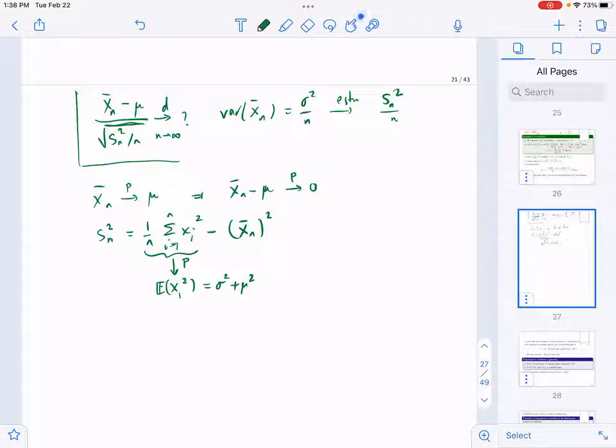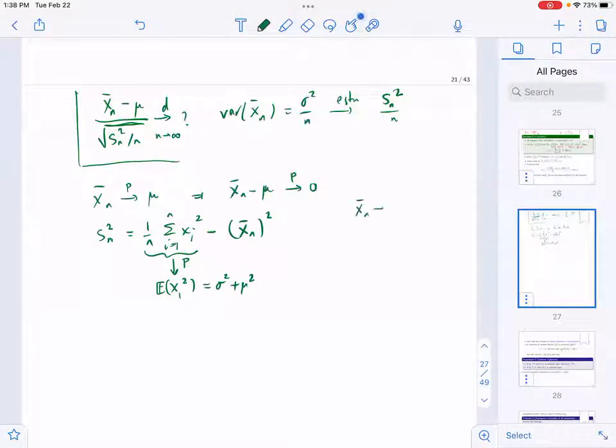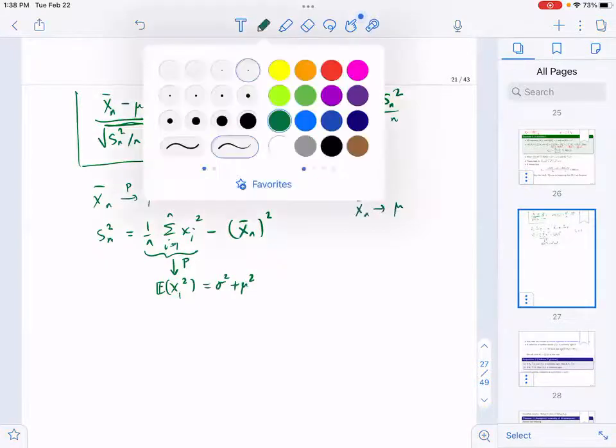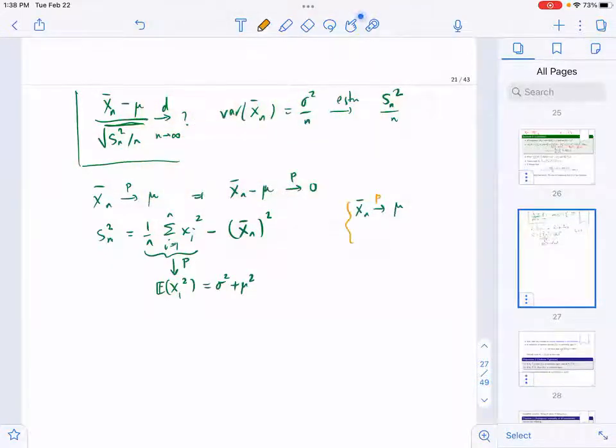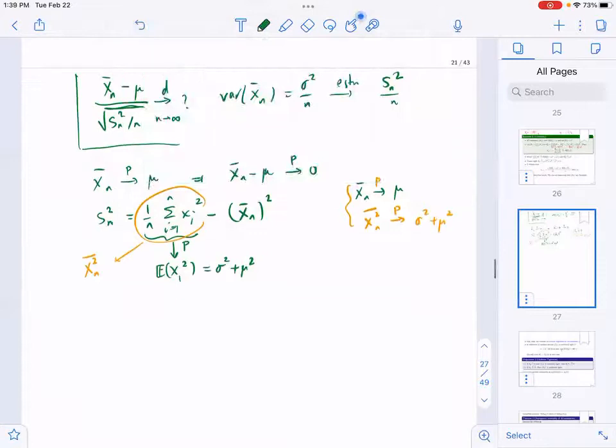Then you can use the Slutsky. So I know that x bar n converges to mu in probability. I'm going to call this x2 bar, and so x2 bar n converges to sigma squared plus mu squared. Then I apply a Slutsky type argument to this function, x minus y squared.